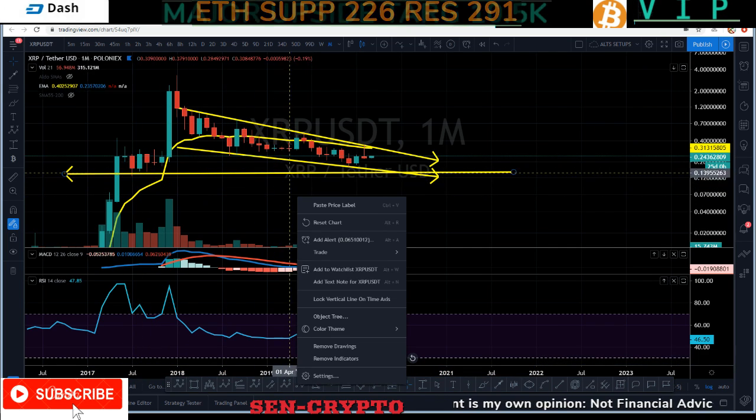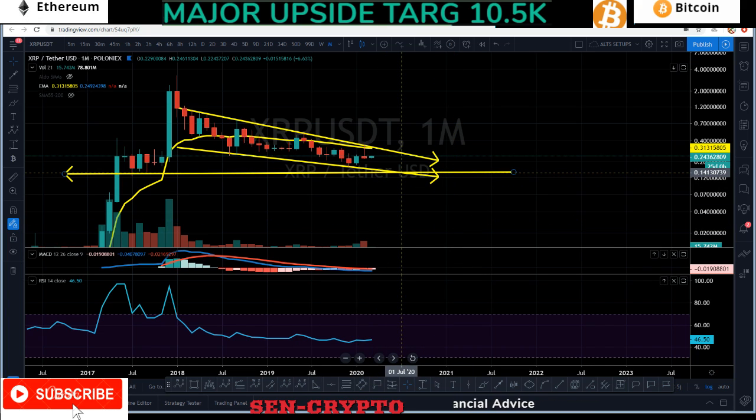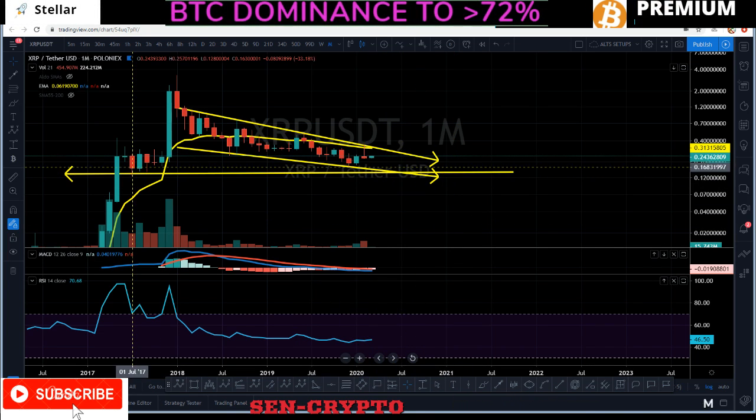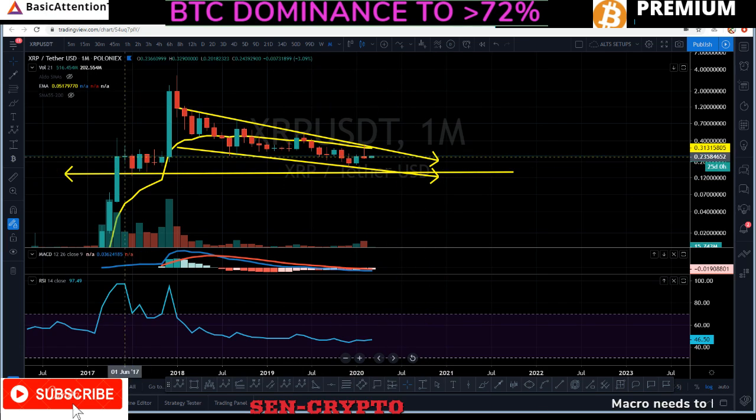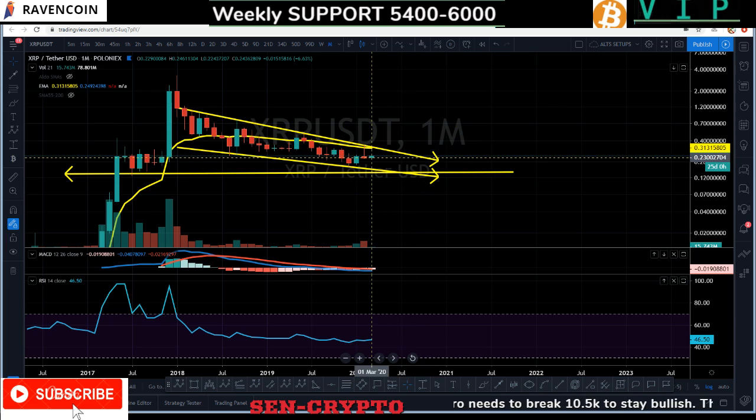We could retest it, which is still in this trend line, but it's going to take some time. Based on this trend line, it could be by July or something like that before we retest it.